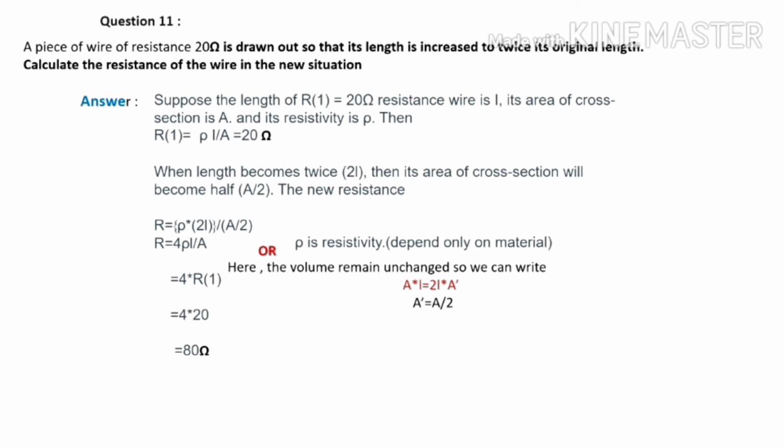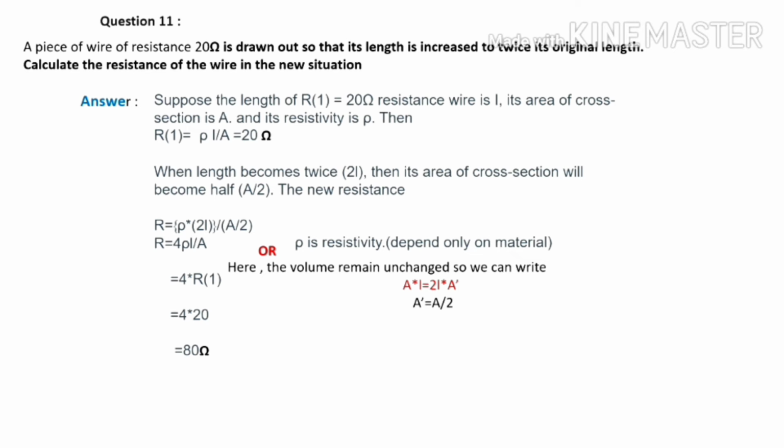After that, a piece of wire of resistance 20 ohm is drawn out so that its length is increased to twice its original length. Calculate the resistance of the wire in this situation. Suppose the original length is L, you increase the length to twice its original length.